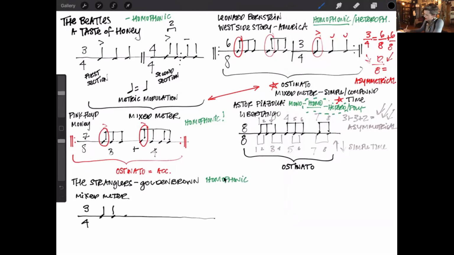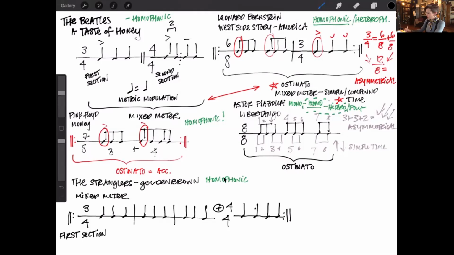We have 3 instances of it. 1, 2, 3, 1, 2, 3, 1, 2, 3, followed by an instance of 4/4. 1, 2, 3, 4. And this whole thing repeats for the first section.